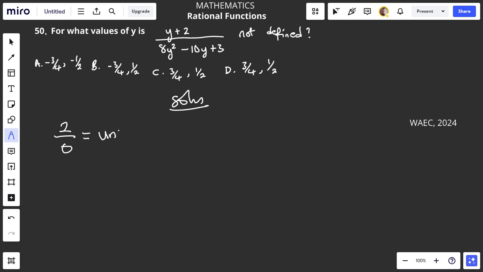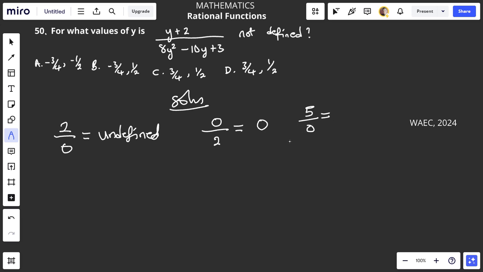In math, we term it undefined, meaning we don't have a solution to such a problem. But 0 divided by any number will always give you 0. Any number divided by 0, there is no solution.